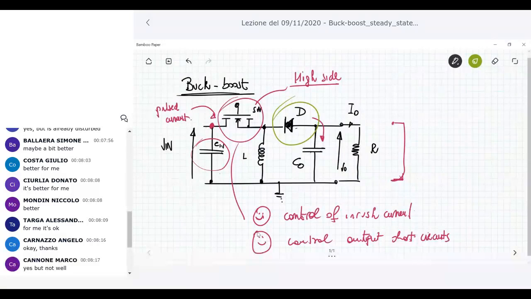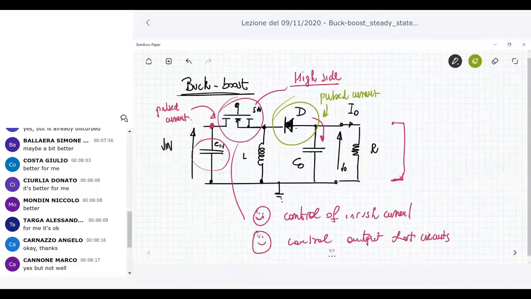The polarity of the diode is not the same, but anyway, you have a pulsed current flowing to the diode. So that means that the current flowing through the output capacitor C0 should support a high level of stress.